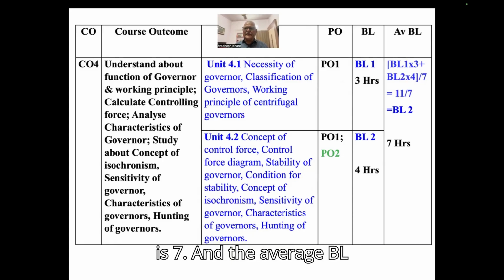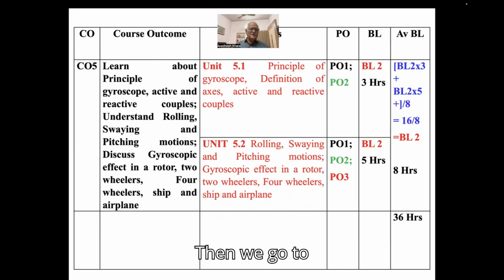And the average BL level will be BL1 into 3 plus BL2 into 4 divided by 7, which is roughly equal to 2. Then we go to unit 5. Unit 5 has two components, 5.1 and 5.2. 5.1 addresses PO1 and PO2.